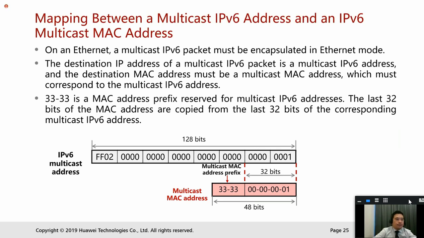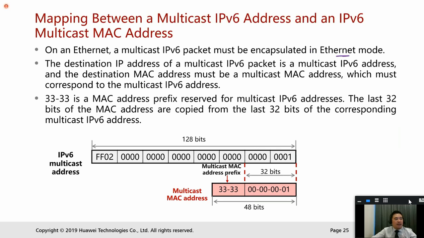Any questions so far, before I go forward to how to map the IPv6 address into the IPv6 multicast MAC address? For the mapping between the IPv6 multicast address and the multicast MAC address, on Ethernet, multicast IPv6 must be encapsulated into the Ethernet frame.